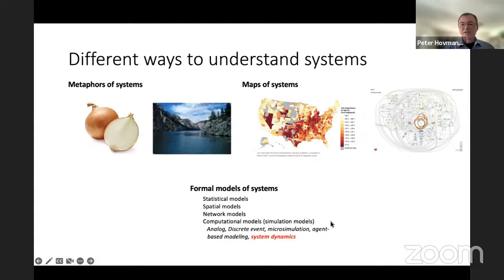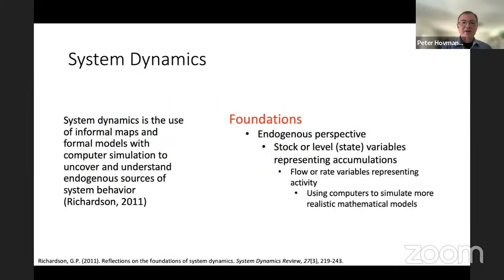I'm going to focus specifically on system dynamics because it has a set of visual conventions that allow group model building to develop, and provide some context. There are a number of different definitions for system dynamics, but this is the one I use a lot, drawing on my colleague George Richardson, who is reviewing the foundations of the field of system dynamics and Jay Forrester's work in particular.